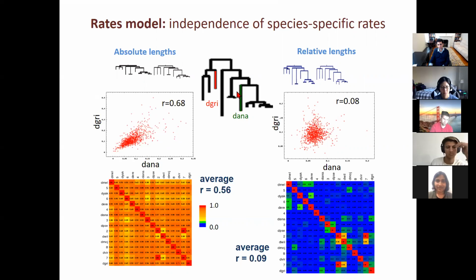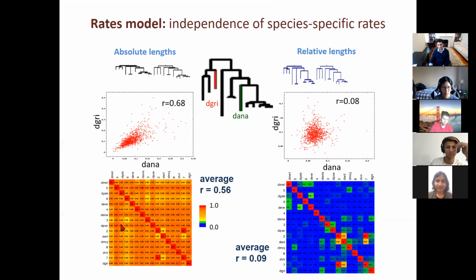And even though these species are very, very far from each other, the correlation between them is actually 0.68. So that means that those genes that evolve faster in that species are also evolving faster in that species. And this is just the average correlation between any pair of species, any pair of branches, even internal branches denoted here. And what you can see is that the average correlation is in fact 0.56.